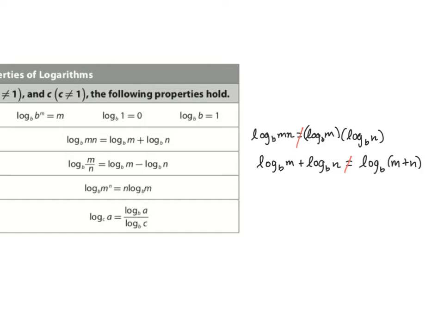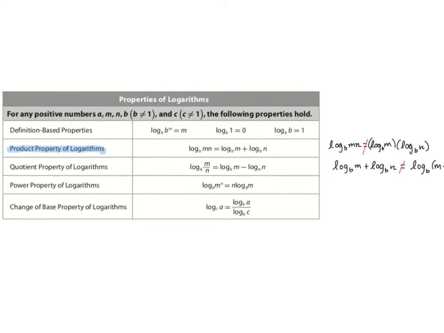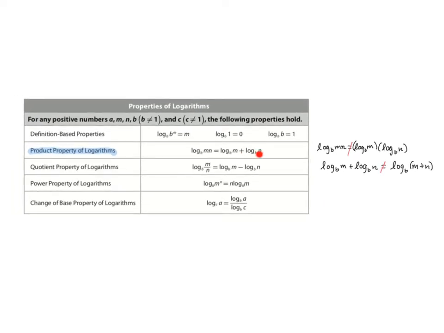So just be really careful that you're using the property correctly. Also note for these, the base of the logarithm must be the same if you're going to condense it. So notice these are all base b.